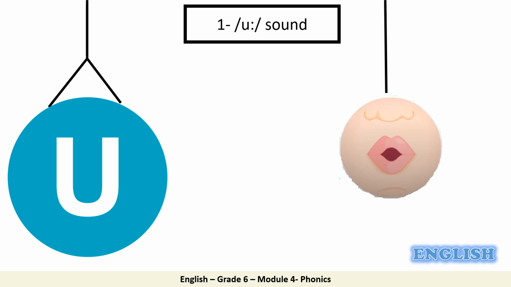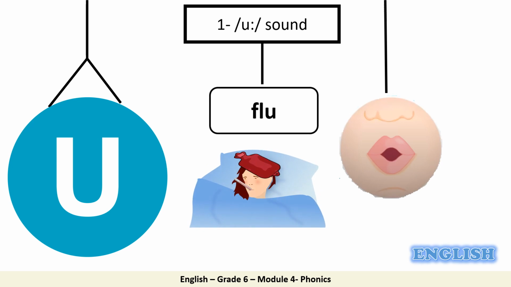Ooh. Very good. Could you think of a word that has the same ooh sound? Very good. It's a very easy word. We have flu. One more time. Flu. Again. Flu. Very good.